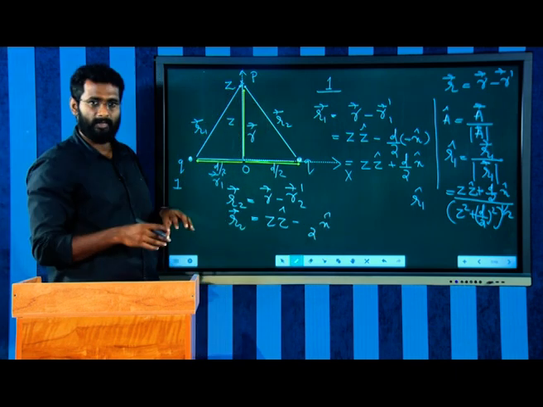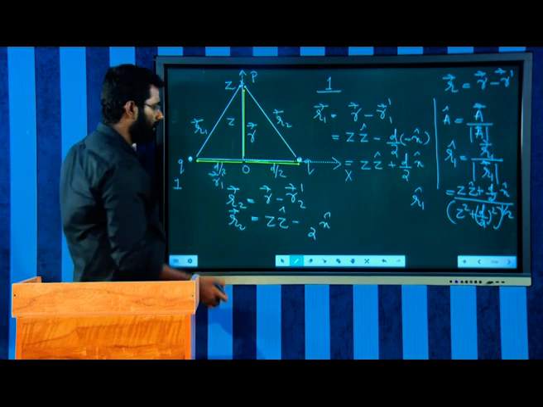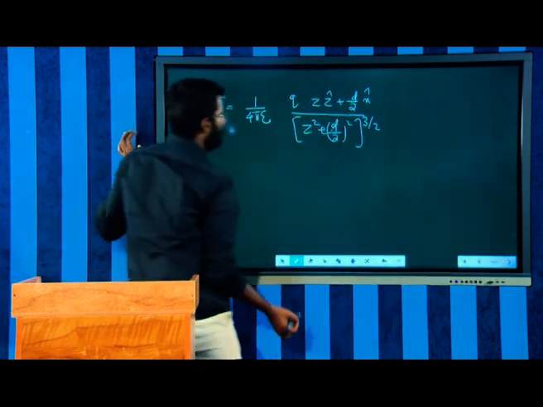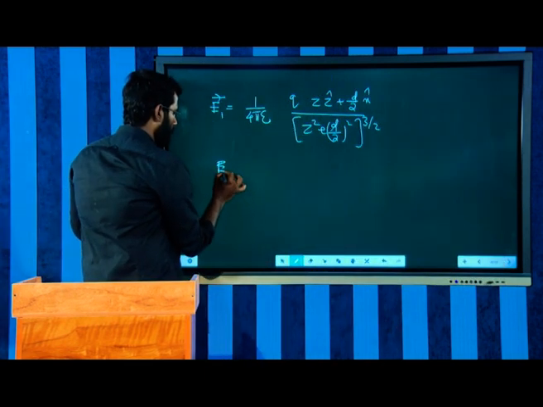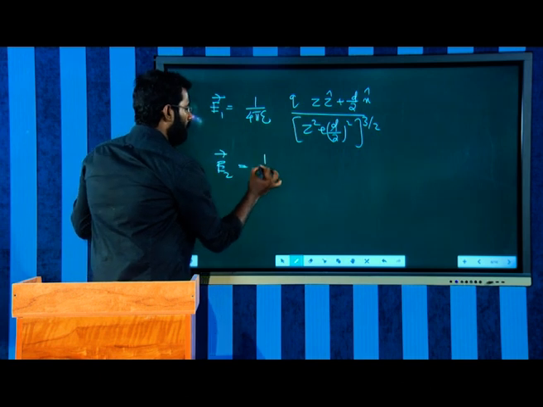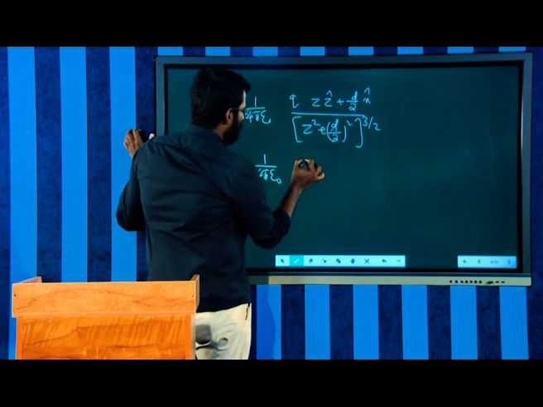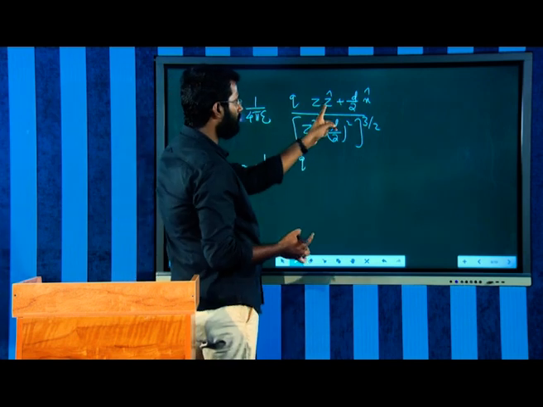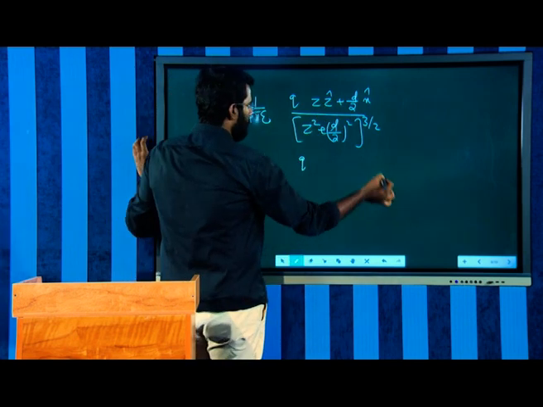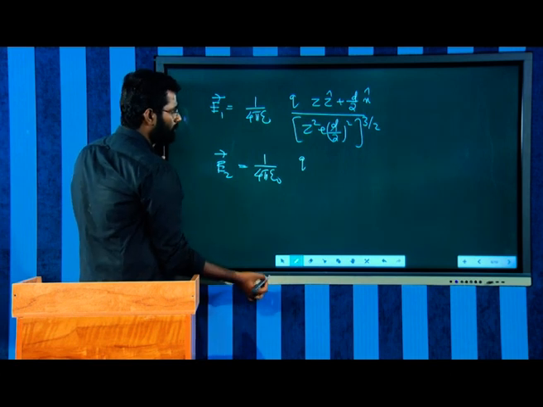Now we will set up the equation for the second electric field, E2, which is equal to 1 by 4 pi epsilon 0 Q into, here what we need is R2 cap. So instead of R2 cap, what will we substitute?